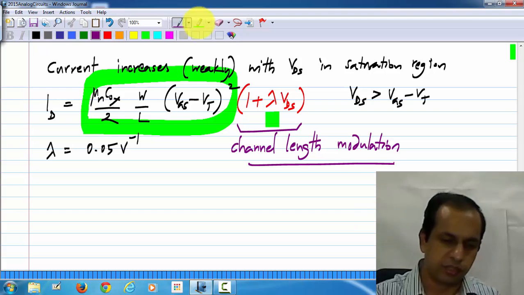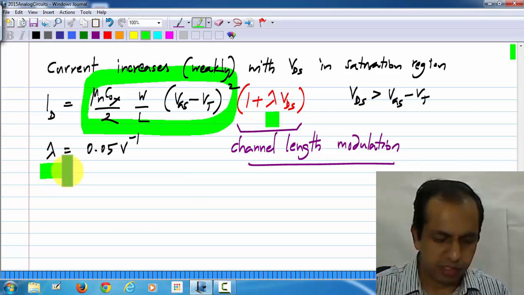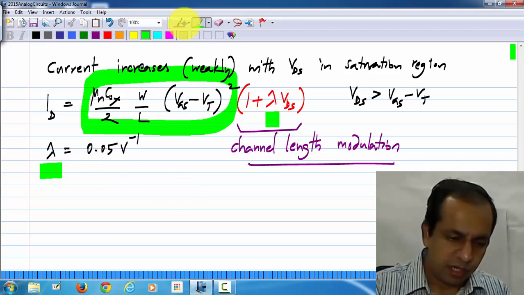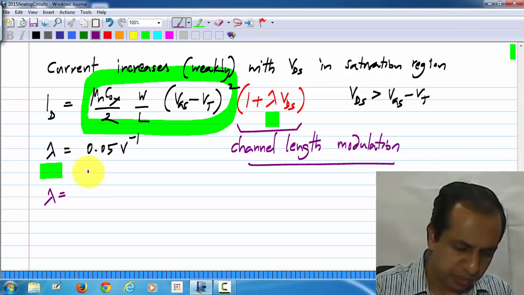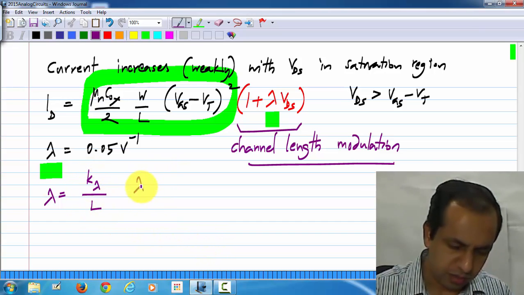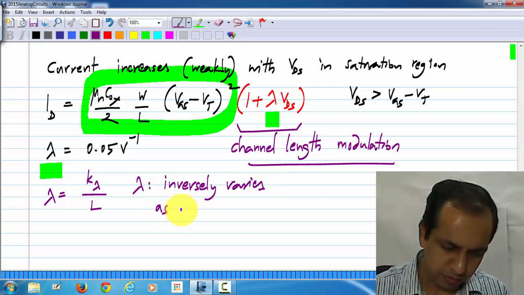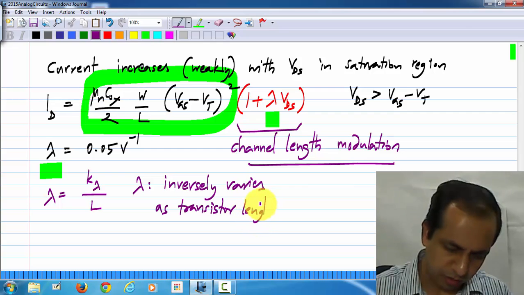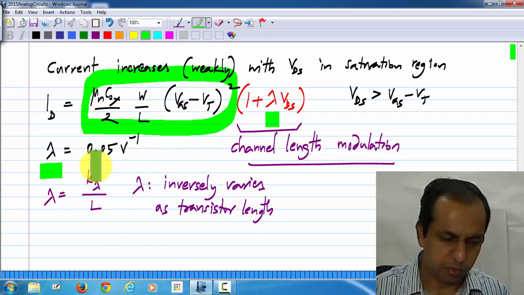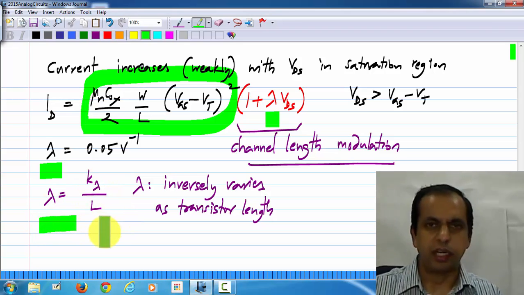All we need to know is in saturation region we have this additional factor, and lambda is a parameter that is given to you, and it turns out that lambda itself depends on the length of the transistor. And this k lambda is some proportionality constant.